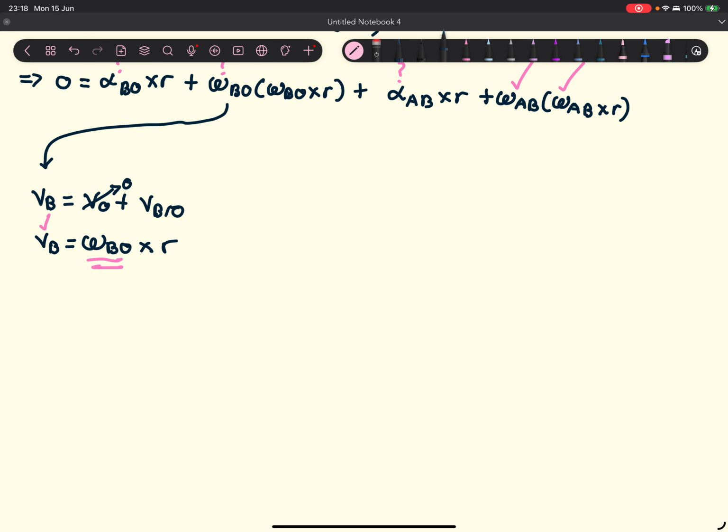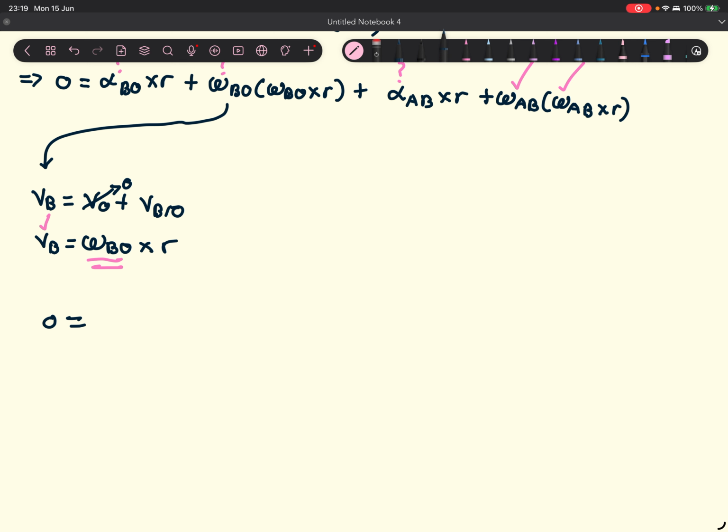So going back to our acceleration equation, we have 0 is equal to alpha BO crossed with r, right? So this is the tangential, and they want us to solve for the tangential.